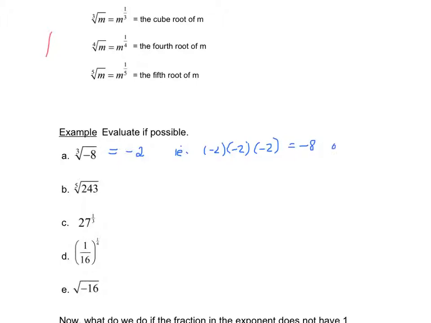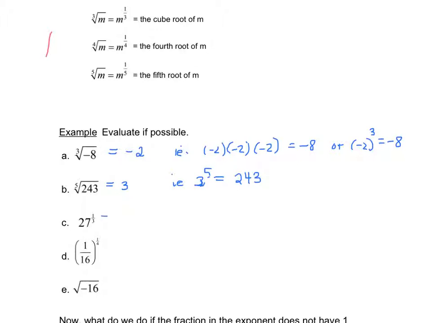Or in other words, -2 to the exponent 3 equals -8. The 5th root of 243 is 3, because 3 to the exponent 5 is equal to 243.